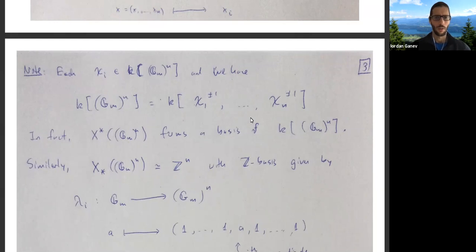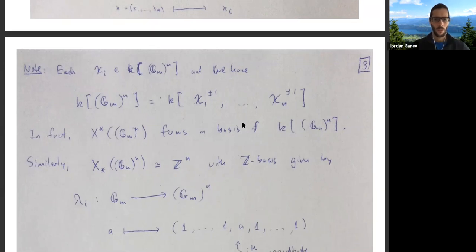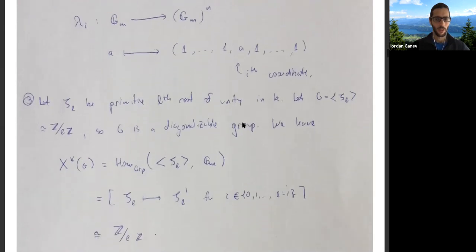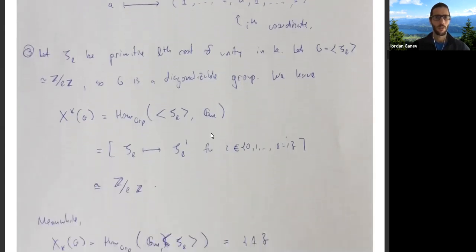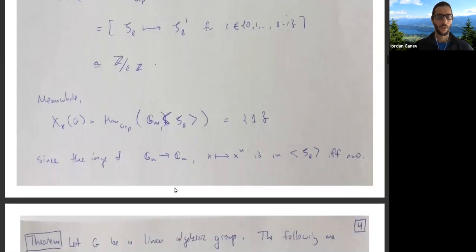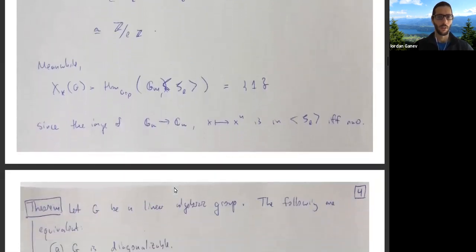I think Shivi went over that in the TA session, so hopefully that's clear now. Then we had the finite group case. The characters of a finite cyclic group are basically itself, but the co-characters are trivial. So there are no interesting co-characters for finite groups.